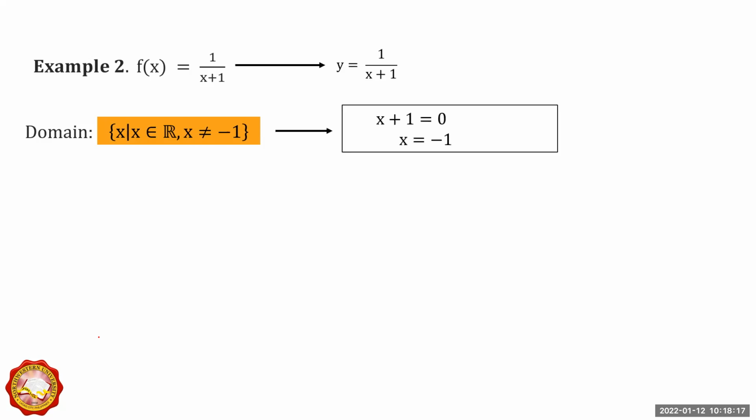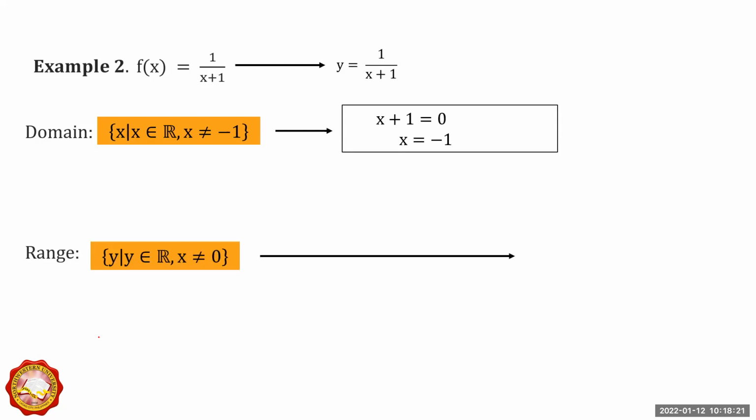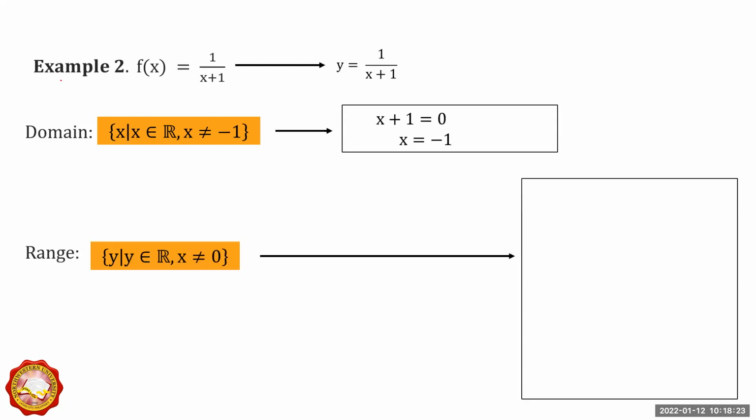Now, for you to get the range, what you're going to do is you do what we've done kanina. So, instead of having these, you must get a reverse function. Inverse function, I mean. You're going to inverse them, meaning yung y is equal to 1 over x plus 1 mo. Pag sinukatan nyo lang ayan, variables na.